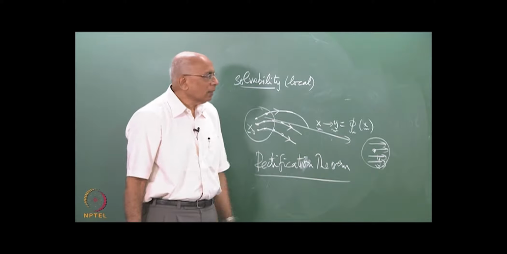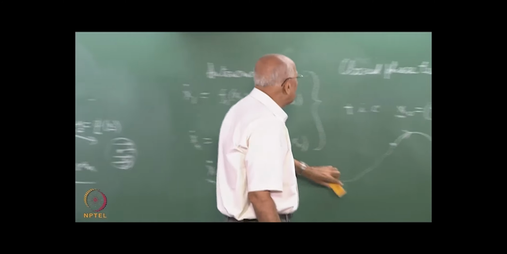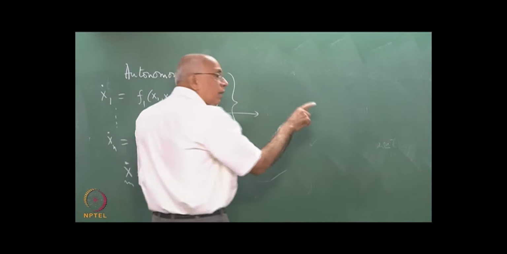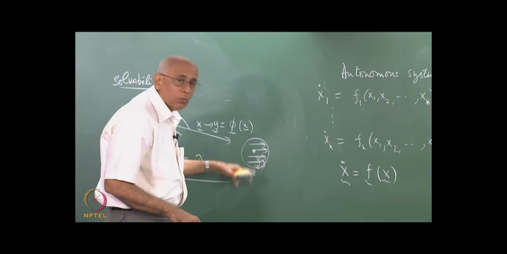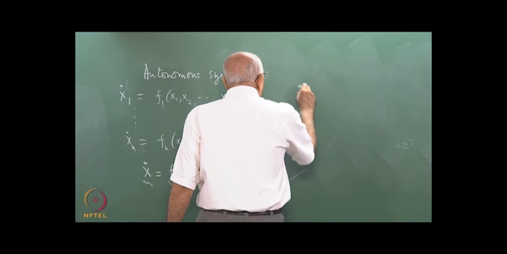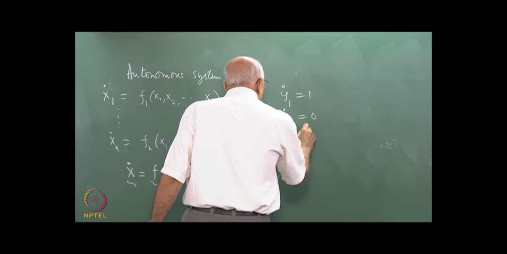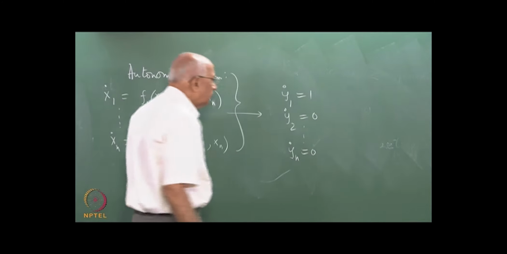Okay. And that is why it is called the rectification theorem, because they look like straight lines, parallel to each other. Now what it means in this language is that under this change of variables, the new set of equations in the variables y1 to yn looks very simple, looks like y1 dot equal to 1 in suitable units, y2 dot is 0 all the way to yn dot equal to 0.